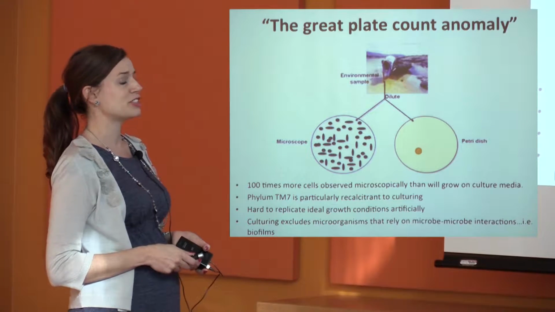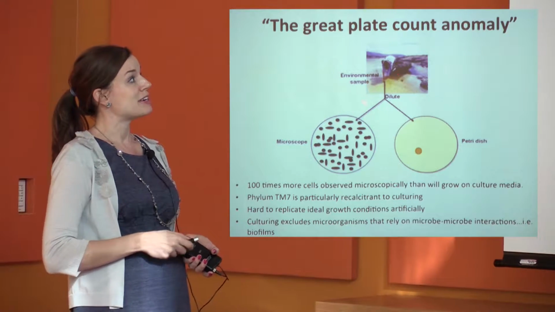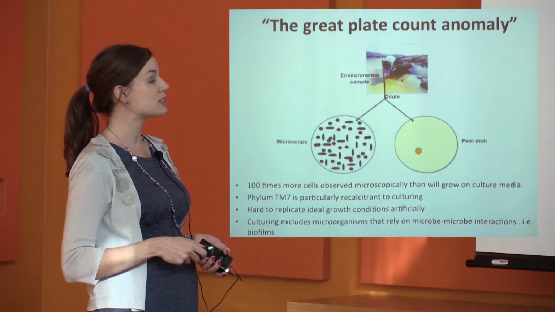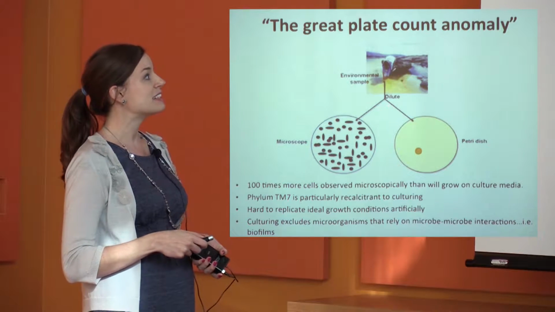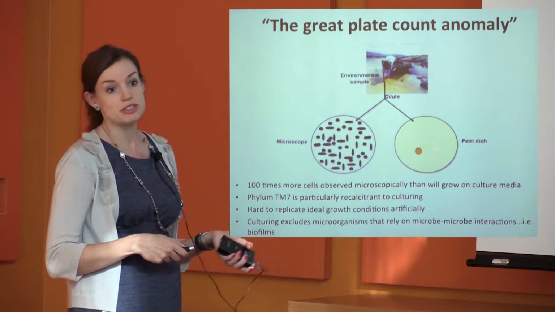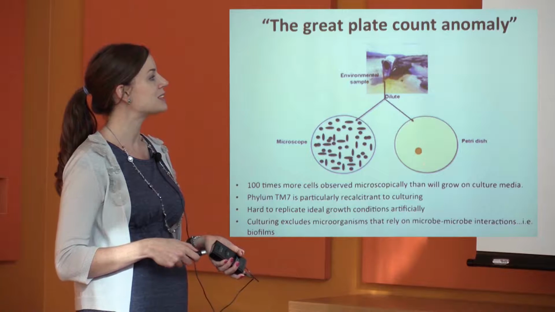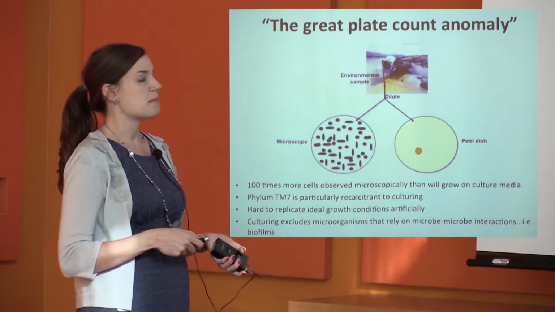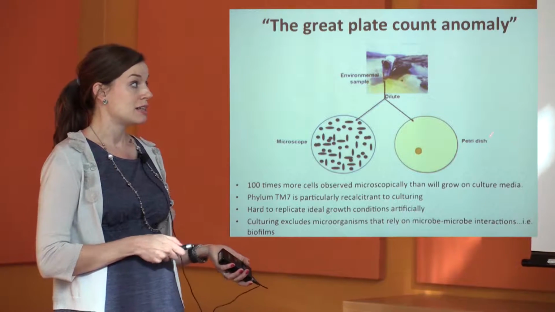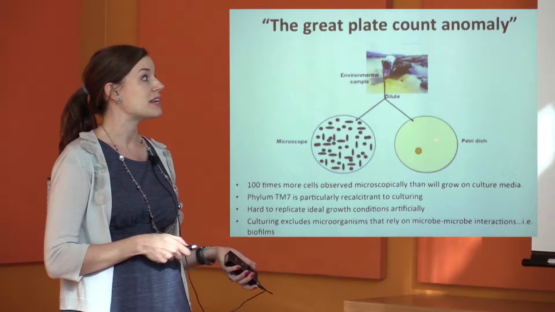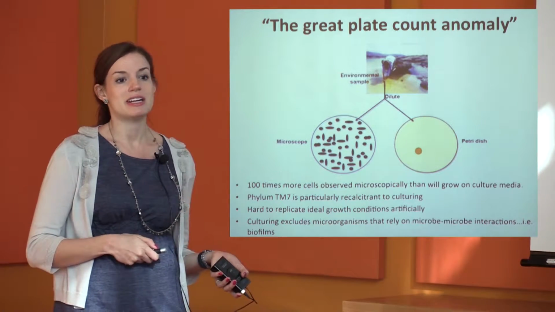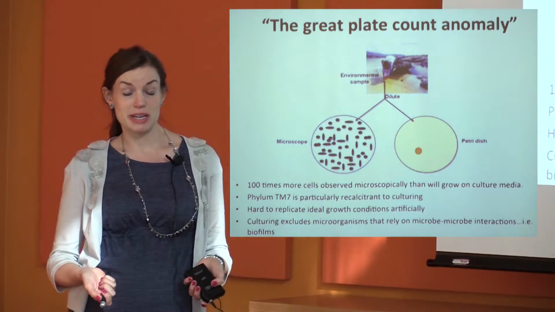A group of researchers noticed that they could take an environmental sample and look at it under the microscope, then culture it and see what could grow on a petri dish. Under the microscope, it looked like there were 100 times more cells than would grow on the culture media. This suggested that not all bacteria were able to be cultured.